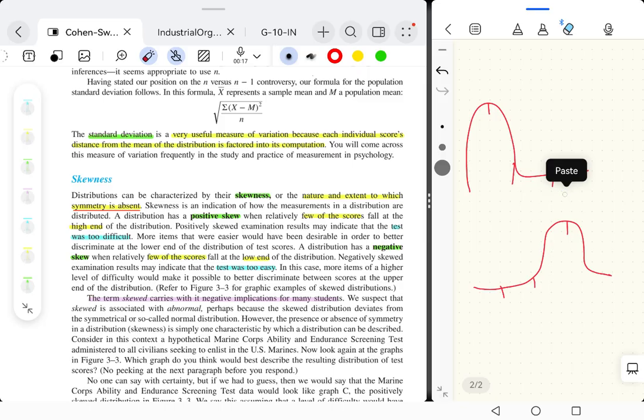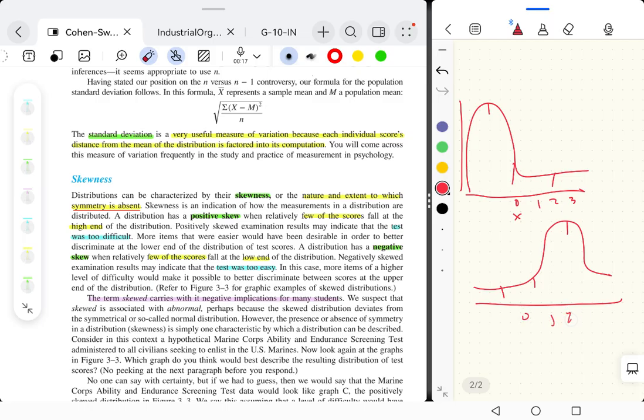Okay. Now, again, positive skew: few of the scores fall at the high end. If this were a scatter plot, this would be the x, this would be the y. So the higher the score, few of the people score high. While here, a lot of people score high.